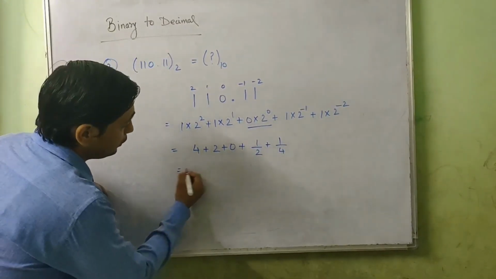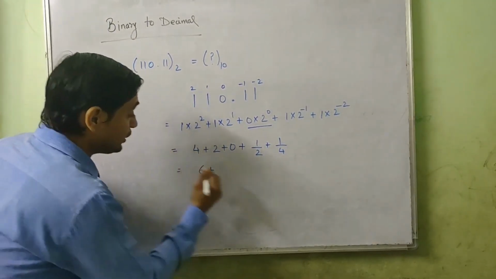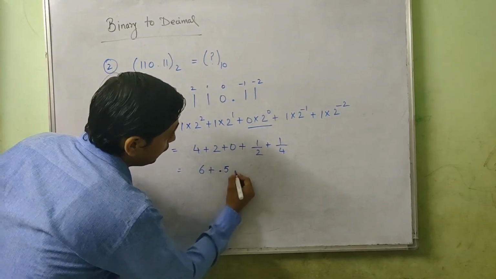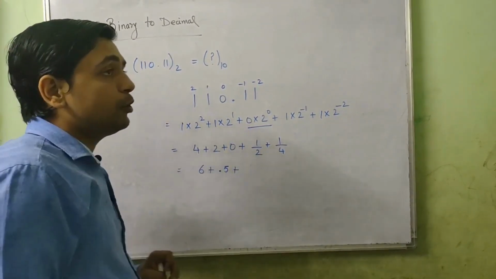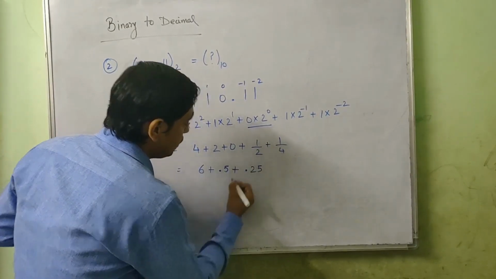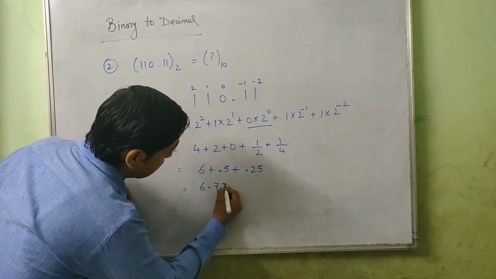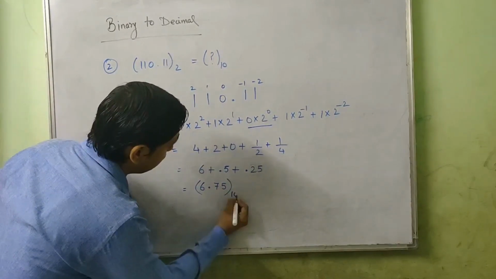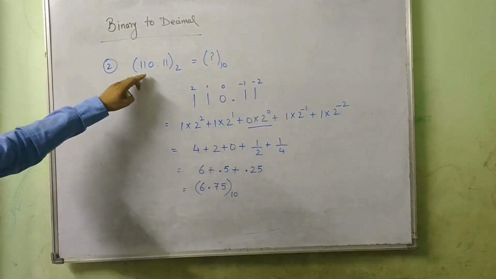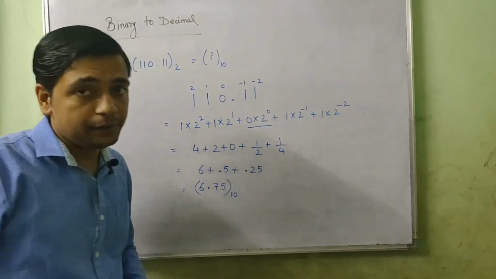So this will be 4 plus 2 is 6, plus 1 by 2 which is 0.5, and 1 by 4 which is 0.25. So it will be 6.75. So the decimal value of 110.11 is 6.75.